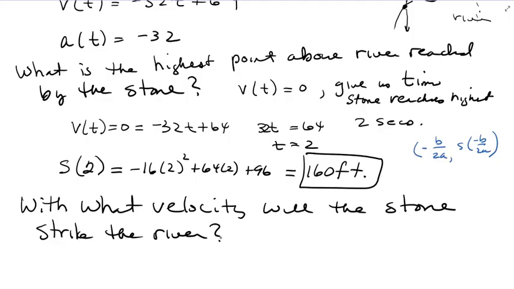So, remember, it's not necessarily velocity we're looking for right away. Everything goes back to time. If you can calculate what time the stone will strike the river, you can then plug it into the velocity function. So with what time will the stone strike the river?